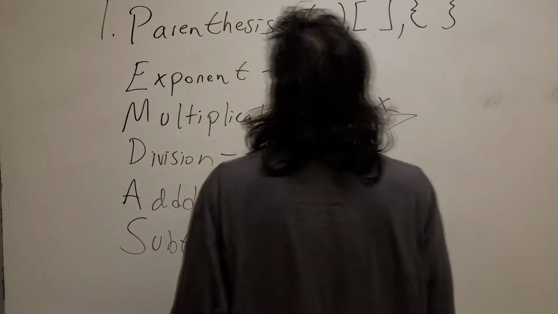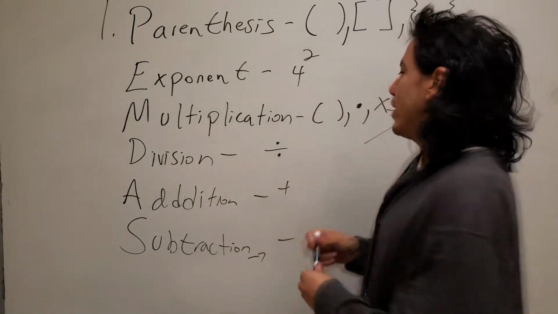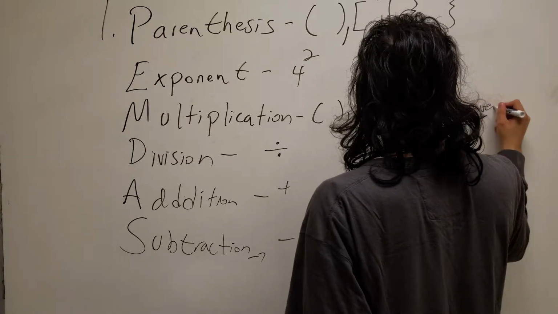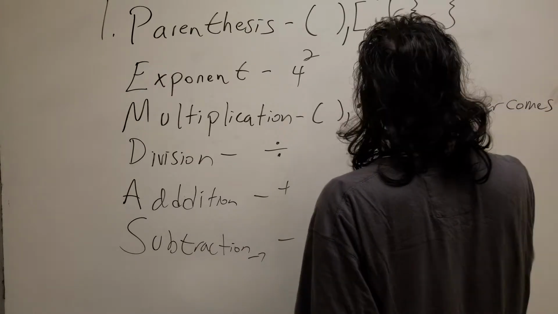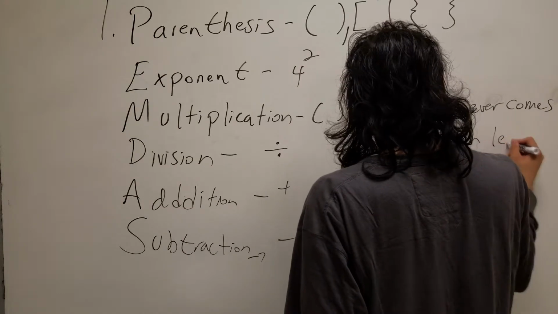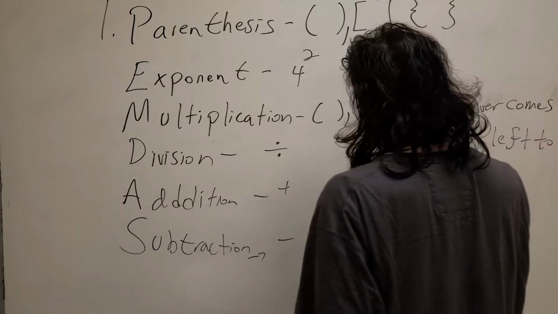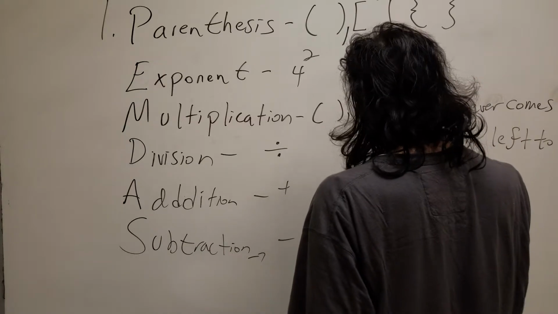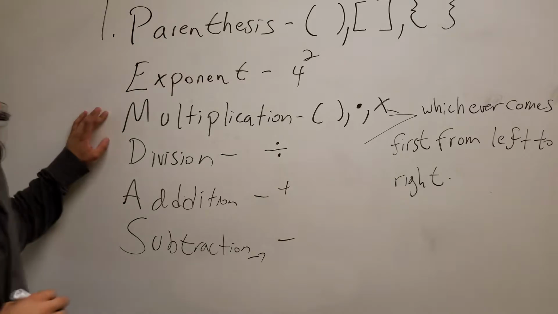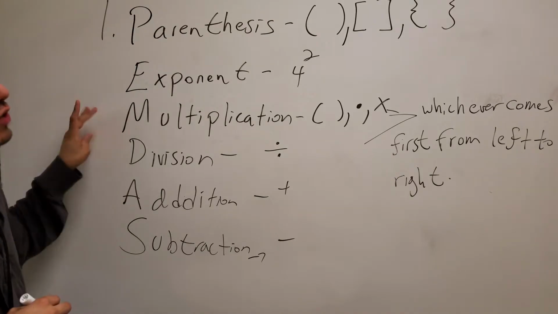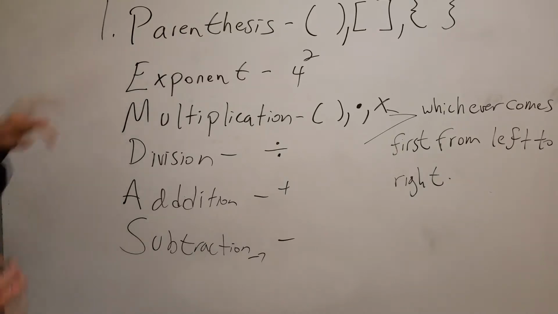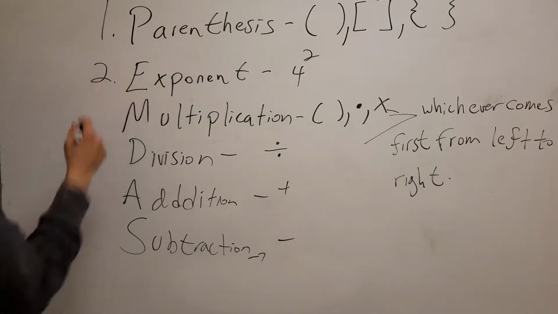I would say, right, there you go. Whichever comes first, from left to right. That's what I would recommend, specifically for multiplication and division. Whichever one comes first, that's the operation you do. But the first two will always take priority.